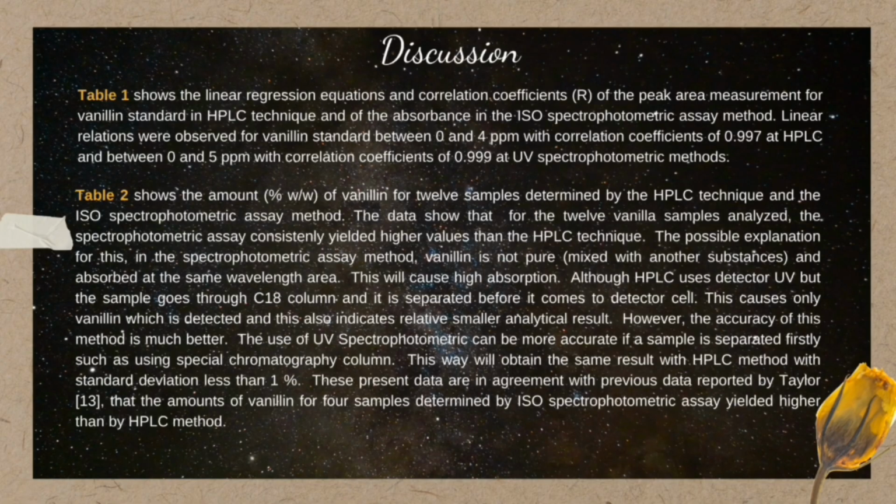Okay, so for discussion, table 1 shows the linear regression equations and correlation coefficients of the peak area measurement for vanillin standard in HPLC technique and of the absorbance in the ISO spectrophotometric assay method. Linear relations were observed for vanillin standard between 0 and 4 ppm with correlation coefficient of 0.997 at HPLC and between 0 and 5 ppm with correlation coefficient of 0.999 at UV spectrophotometric method.